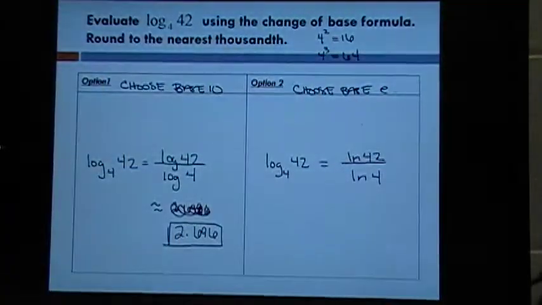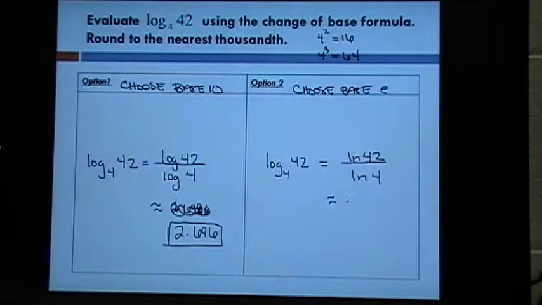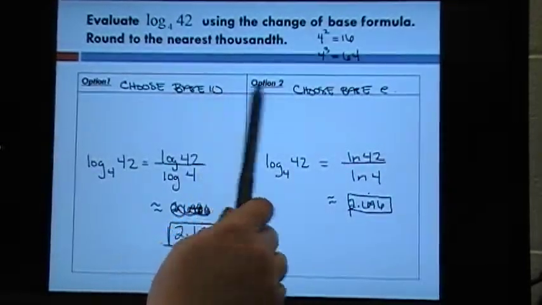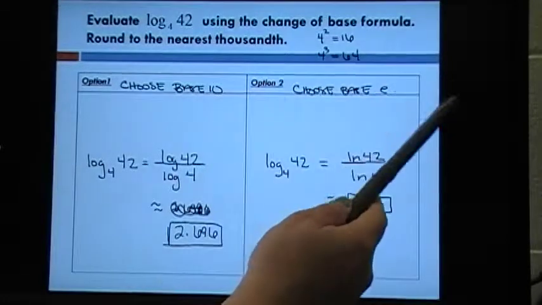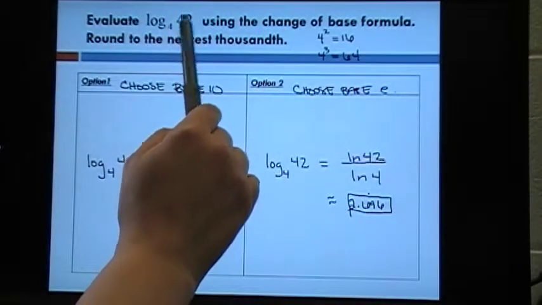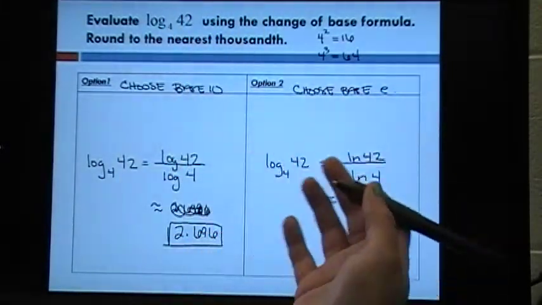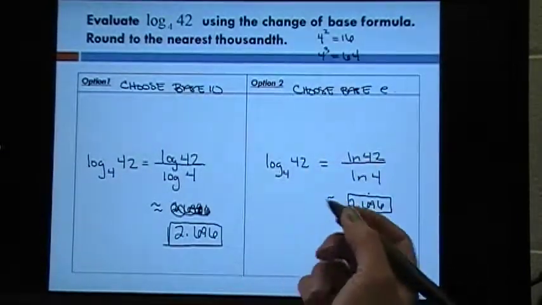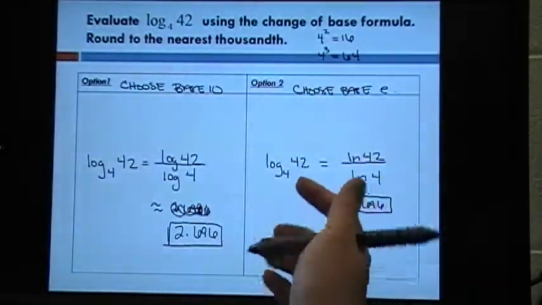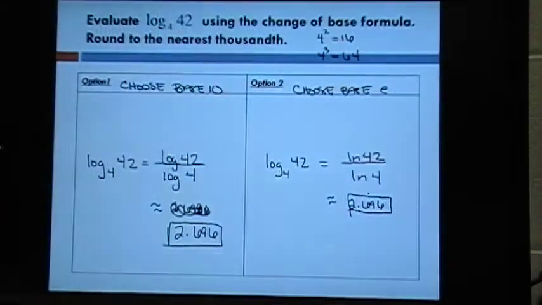So it doesn't matter what you use as your base. But in general, it's easiest to use 10 or e. Of course, if these two numbers can be written in terms of the same base, you could choose that base instead.